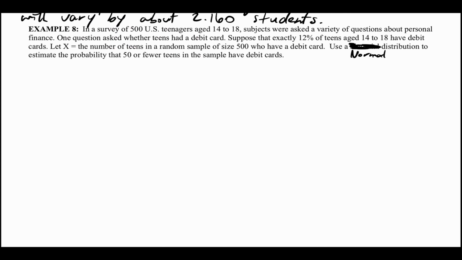What's the probability that a random teenager from 14 to 18 has a debit card? 12%. Okay. But it's 50. So does the probability change?